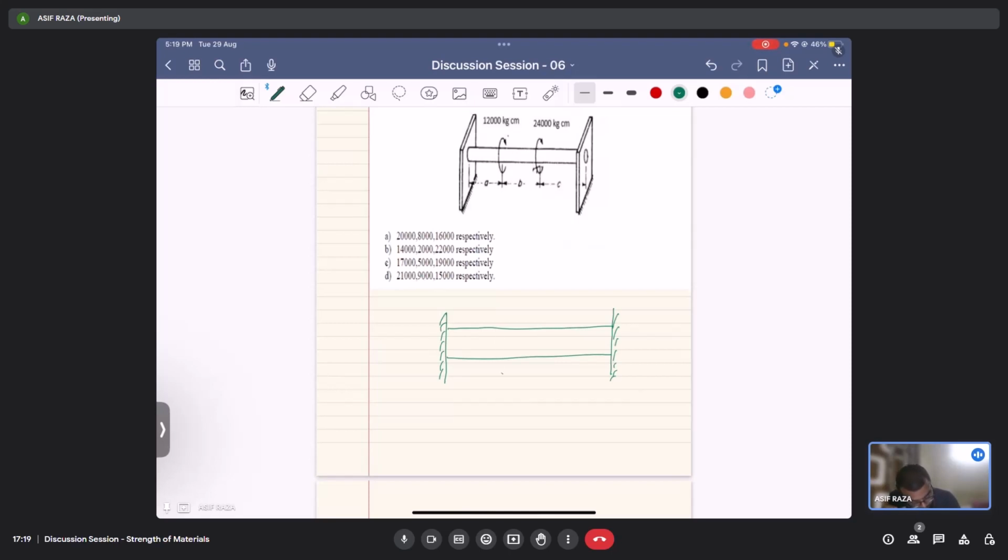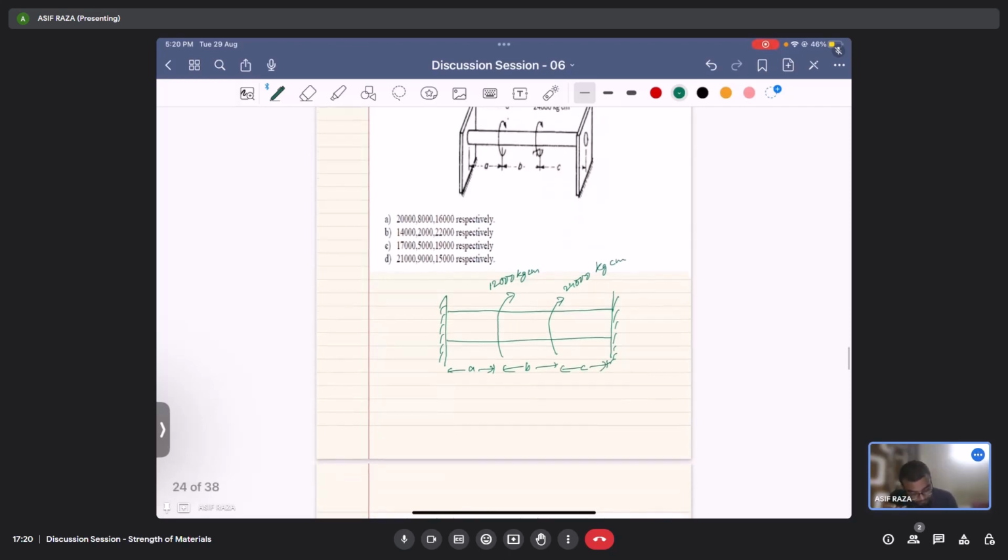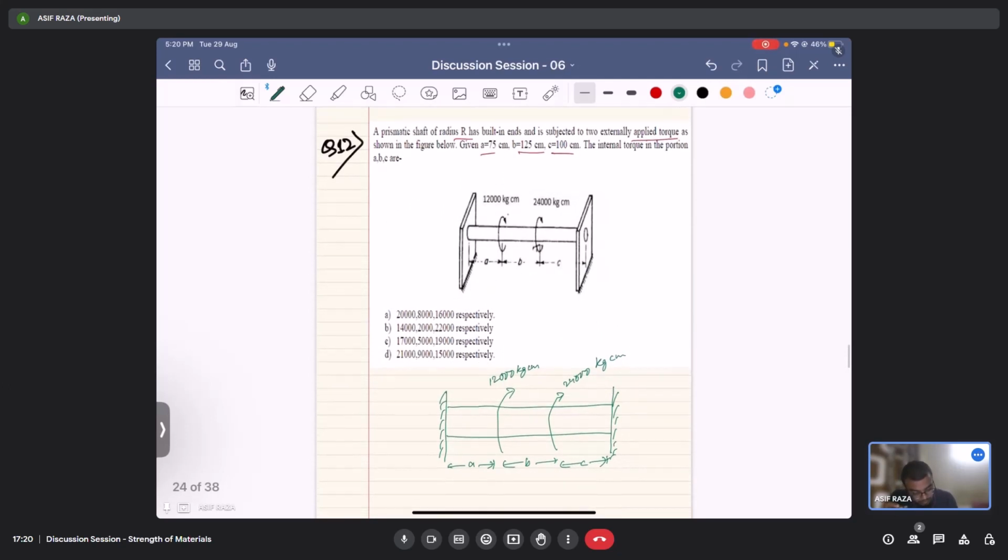So we are given the torques 12,000 kg centimeter, 24,000 kg centimeter, A, B, C. Okay, nothing else.